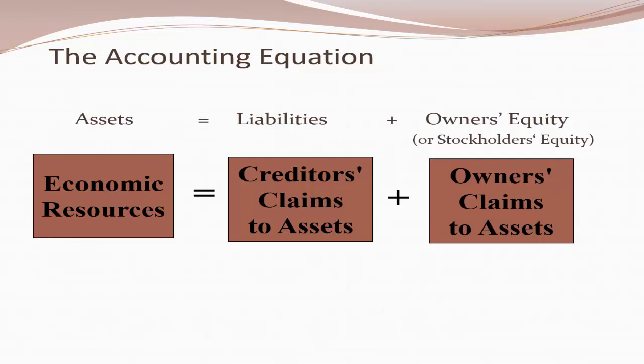The accounting equation is assets equals liabilities plus owner's equity, or the stockholders. By the way, owners are the stockholders. Assets are economic resources that equal creditors' claims to assets plus the owner's claims to assets.